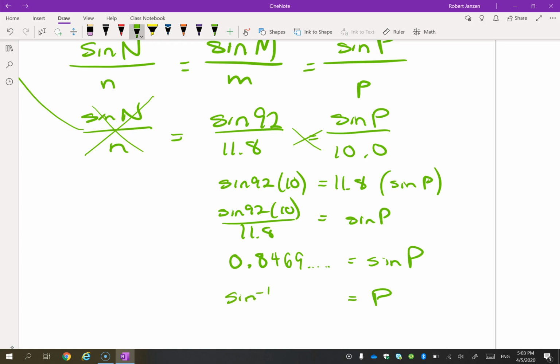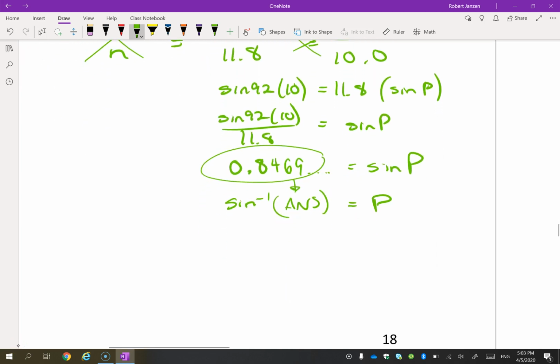Take the inverse, and I want this whole thing to go into here. So hopefully your calculator has the answer button. If not, you have to put the whole thing in. Alright, and this is 57.8, and usually with degrees, we round off to the whole degree.